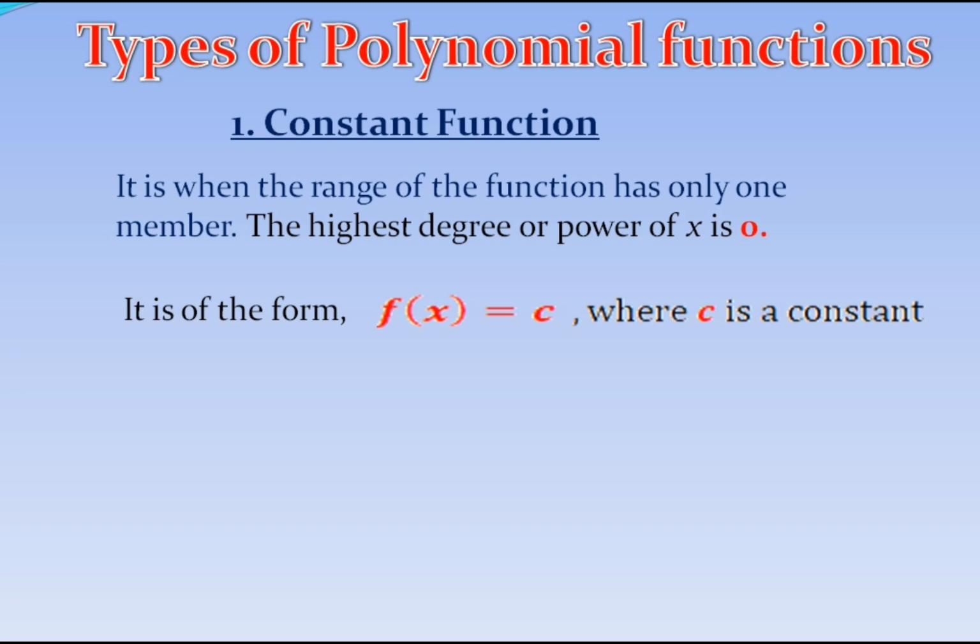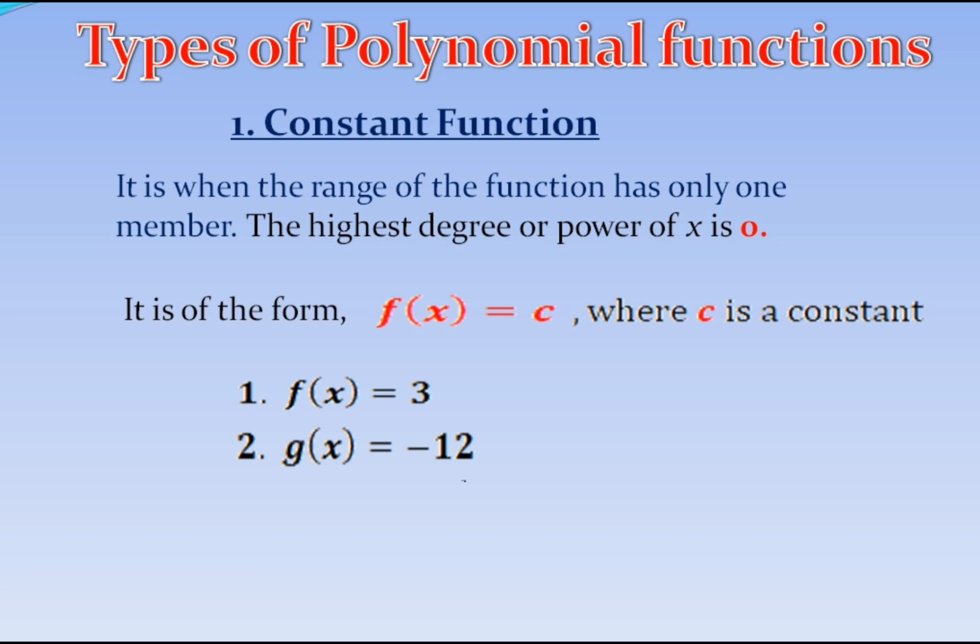So let's look at some examples of a constant function. The first one is f(x) = 3. In this case, you realize that the 3 is constant because you don't have any unknown variable attached to this function. If that's the case, then we can say that function is a constant function. Let's also look at another example, 12, or negative 12, which is also a constant function.